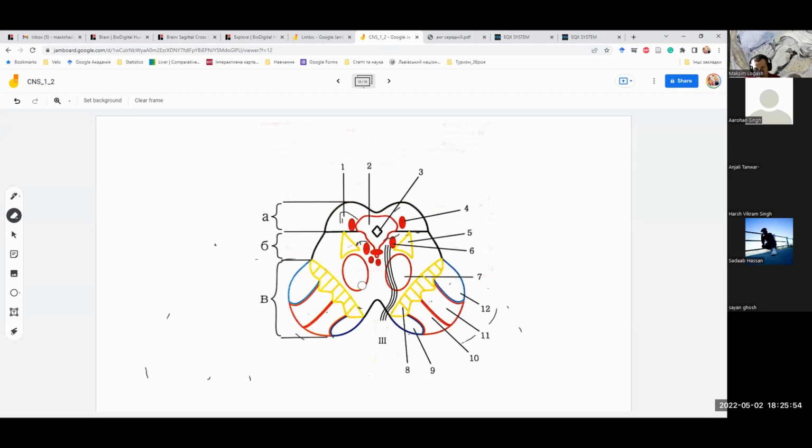But again, you don't have to care about the particular location, because in the caudal and the cranial parts of the midbrain, they have quite different positions. In the caudal, it's located actually there, and the medial lemniscus is located there.